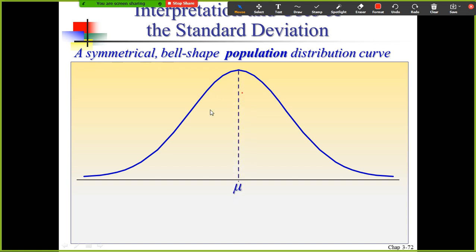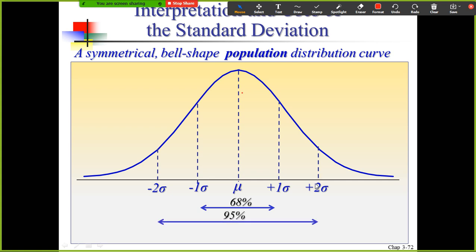If you're talking about symmetric, the mean, mode, and median are always at the same point. One standard deviation from the mean plus and minus is 68%. Two standard deviations from the mean plus and minus together is 95%. 99% for three.